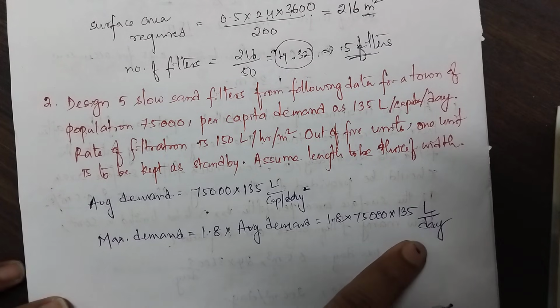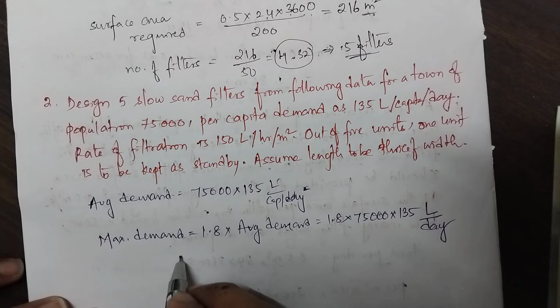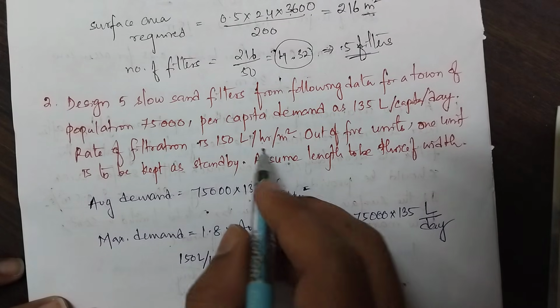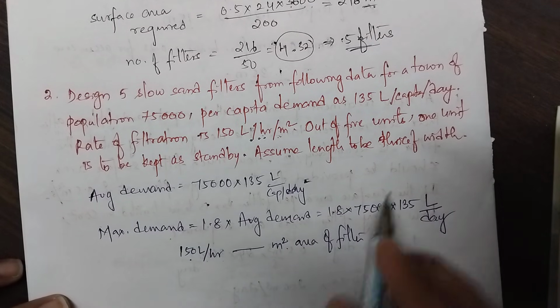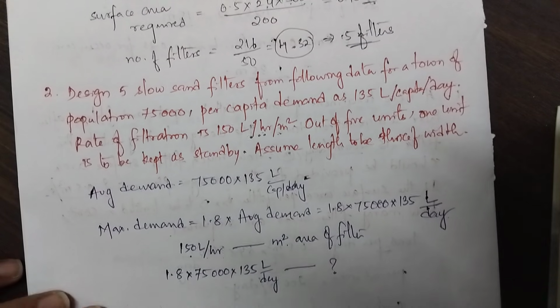Then for this demand, how much filter area is required? So for 150 liters per hour, a meter square area of filter is required. Then this liters per day, 1.8 into 75,000 into 135 liters per day, how much is required?